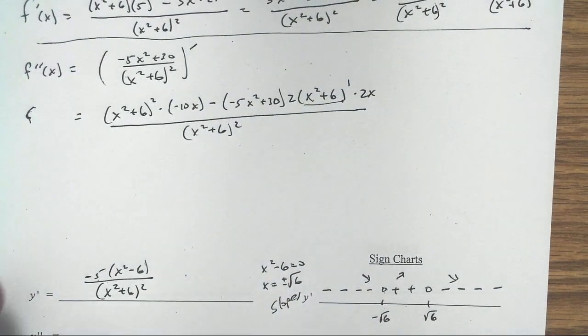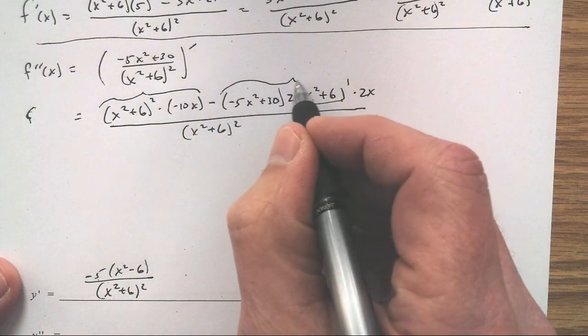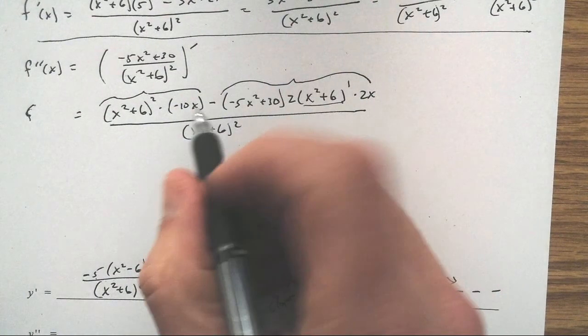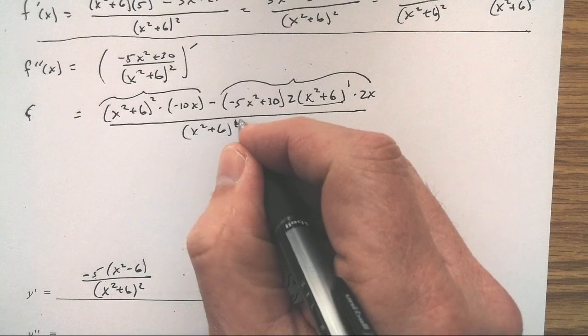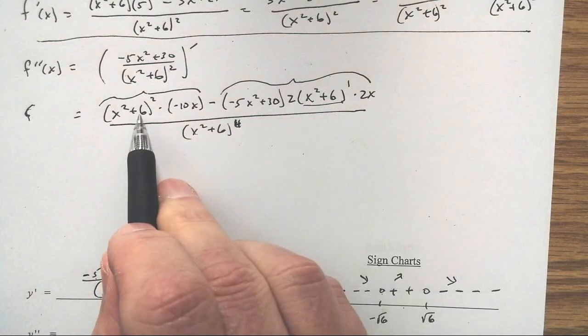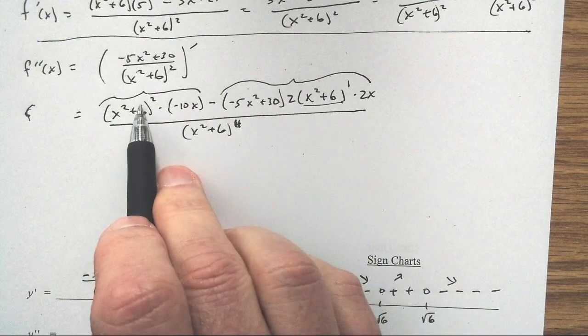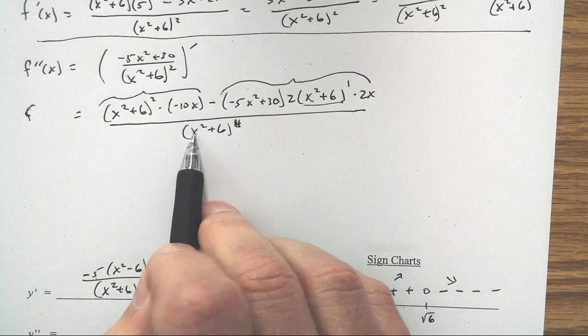So here's what I notice. I've got a great big messy term here. By the way, this is x squared plus 6 squared squared. Both of those terms contain an x squared plus 6 factor. So I can factor out x squared plus 6 in the numerator and cancel one of these.